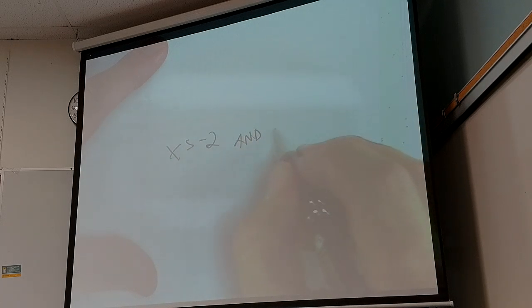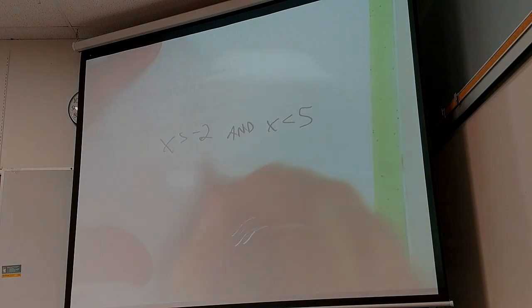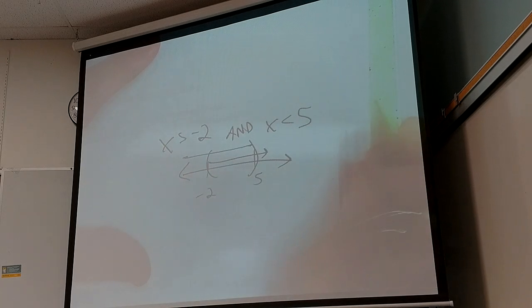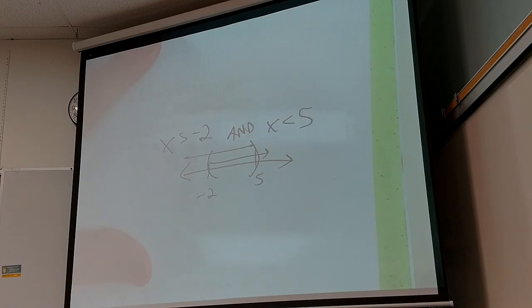So let me do a very direct problem here. If I had x greater than -2 and x less than 5, but it's an and, where would the answer be?